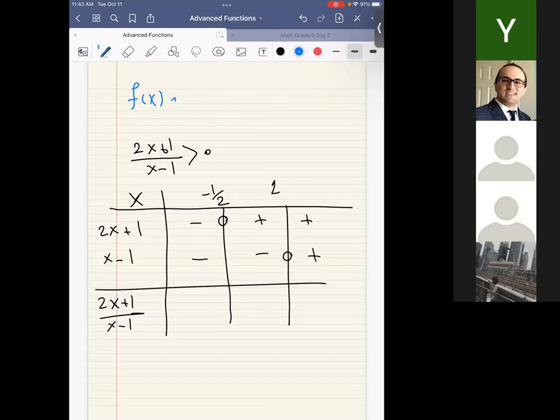So f of x is equal to ln of 1 minus 2x over x plus 3. So you have to solve this now: 1 minus 2x over x plus 3 is positive.